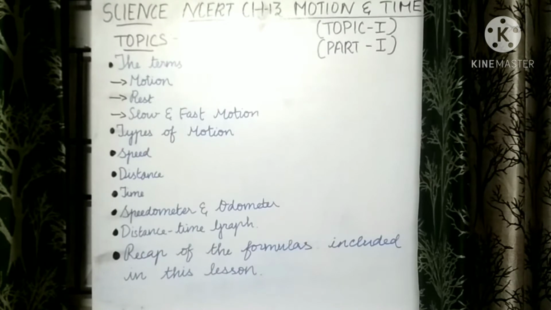So students, the topics to be covered in this lesson are the terms motion, rest, slow and fast motion, types of motion, speed, distance, time, speedometer and odometer, distance time graph, and a recap of the formulas included in this lesson.